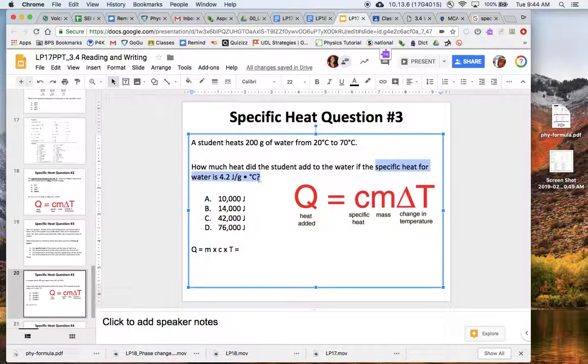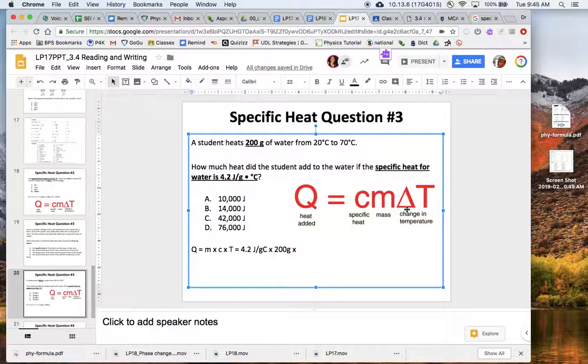It tells me the specific heat is here. That's 4.2. And that's joules per gram Celsius. Then I multiply that by the mass. The mass is 200 grams. And the change in temperature.